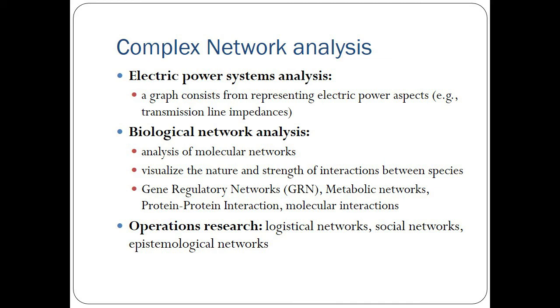For example, in a gene regulatory network, GRN, you form a gene network where various genes are connected together. Then metabolic networks, protein-protein interactions, and molecular interactions are there. So these all form complex networks, because they are specific to a particular domain.